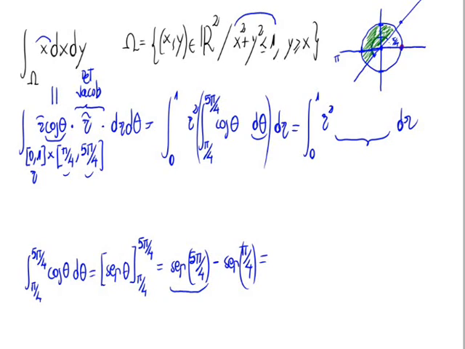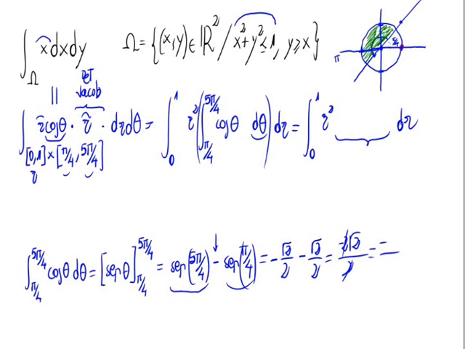Operating this, we would have the sine of 5 pi quarters. As we are on the third quadrant, the sine is negative, so we have minus the square root of 2 divided by 2 minus the sine of pi quarters, that is the square root of 2 divided by 2.